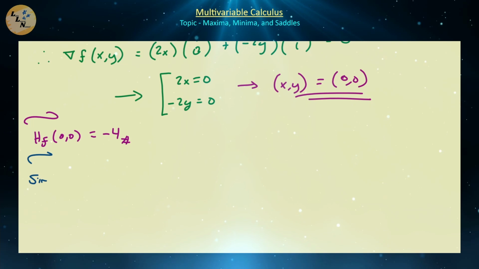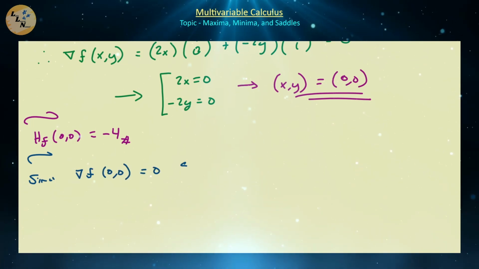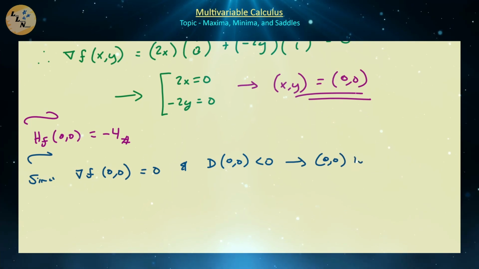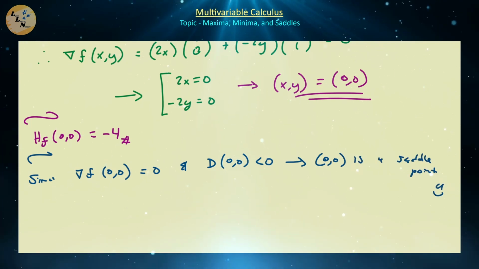Since the gradient of f at (0,0) is equal to 0, and the determinant of the Hessian matrix at (0,0) is negative 4, but it generally is negative, that means (0,0) is a saddle point.